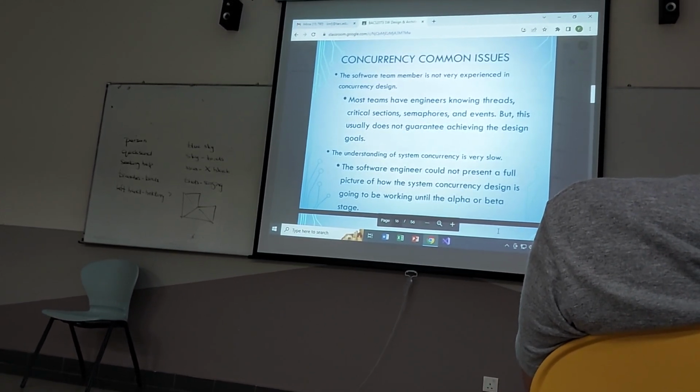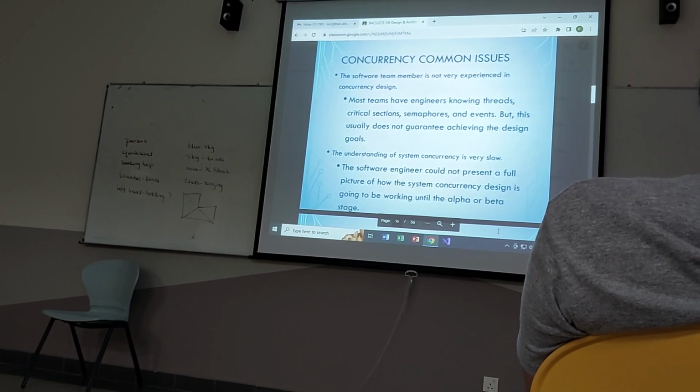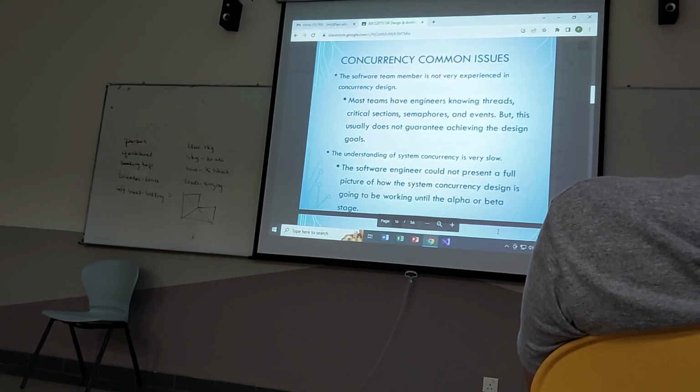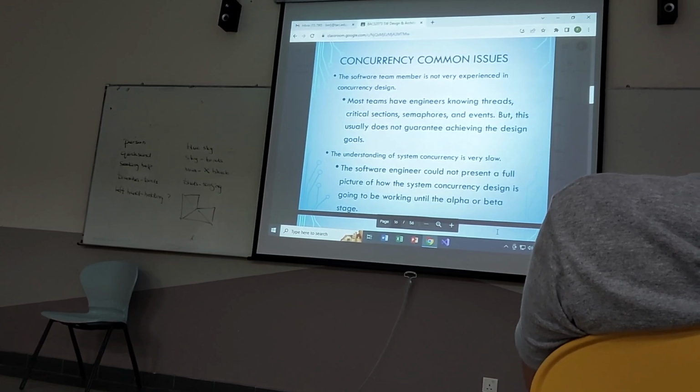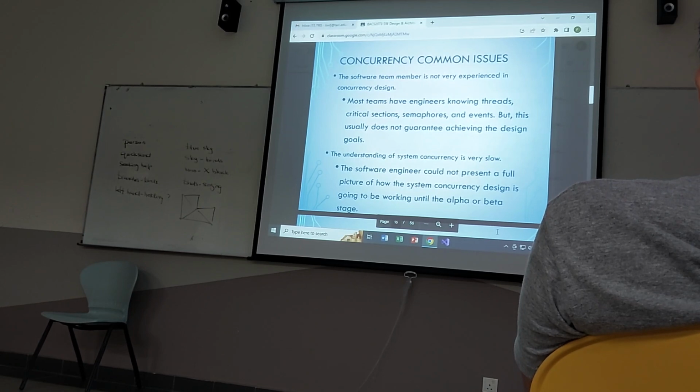And the understanding of system concurrency is very slow. You need to understand each concurrent process. It takes time, based on experience, so maybe you cannot have a full picture of how the concurrent process is working.